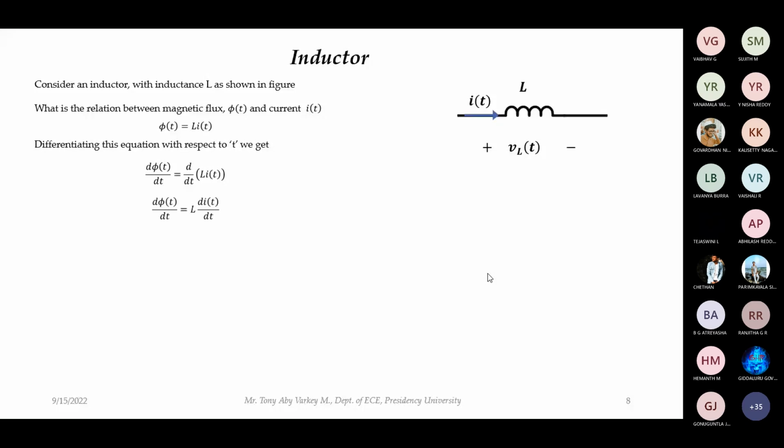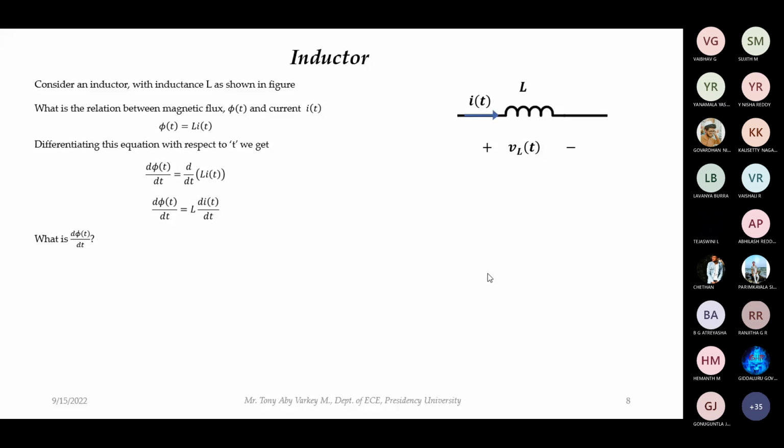Correct. Now what is this rate of change of flux, d phi by dt? Rate of change of flux is simply voltage.